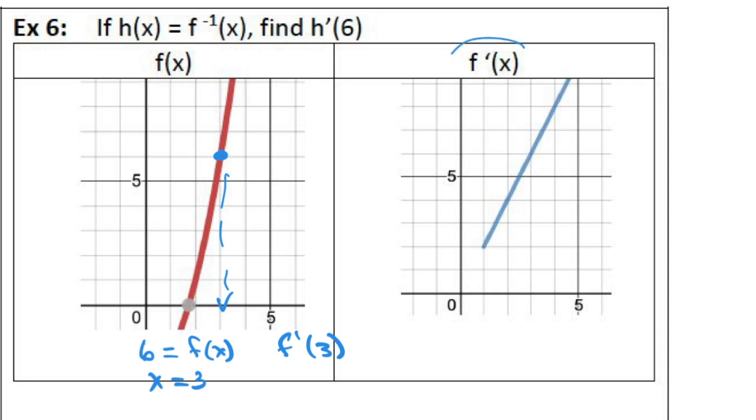So go to your other graph, which is the derivative of f. Notice what's happening. The derivative at 3 is equal to 6. So we know that f prime at 3 equals 6, and h prime at 6 must equal the reciprocal, which is 1 over 6.